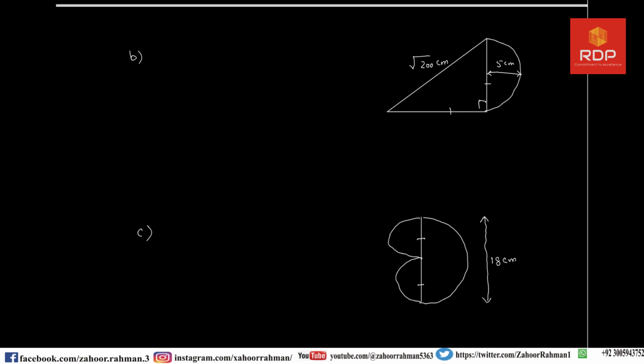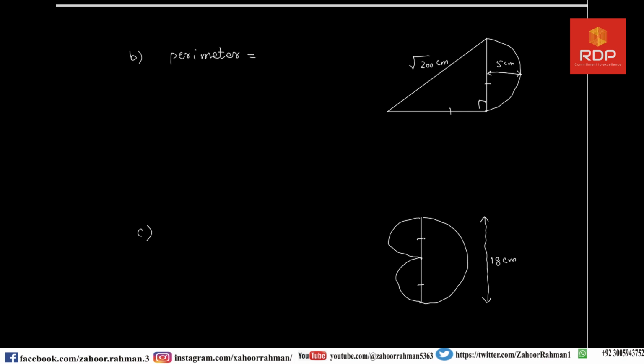So in this case, if we are finding the perimeter, the perimeter will be the length of this, the length of this, and the length of this curve, the length of this arc. So let us first find the perimeter and discuss it.